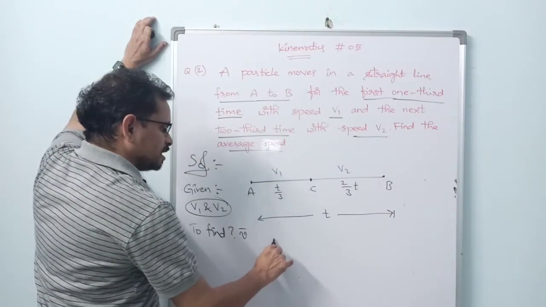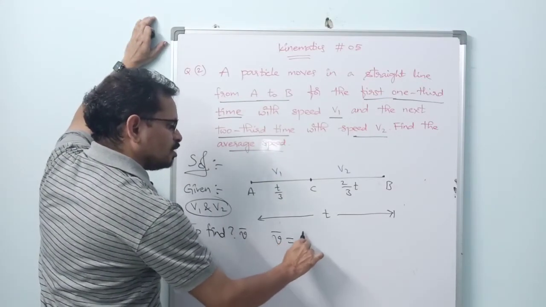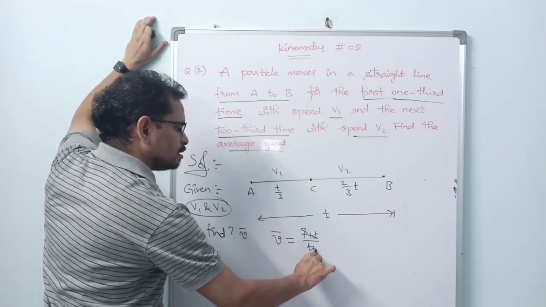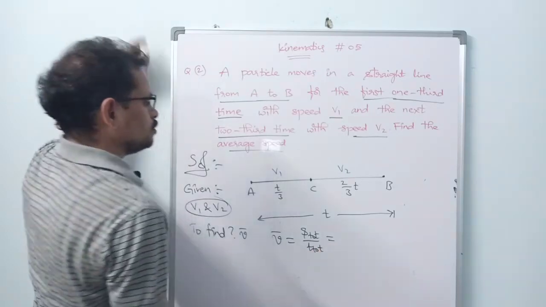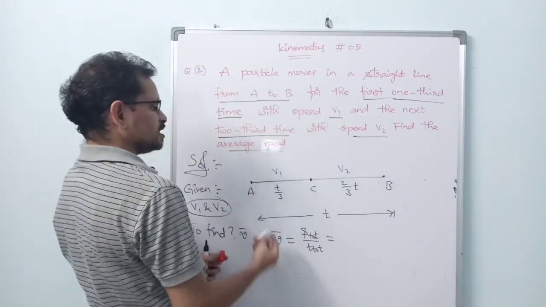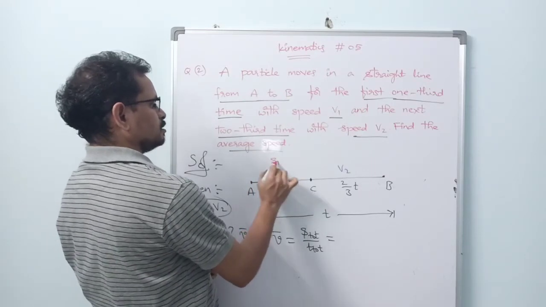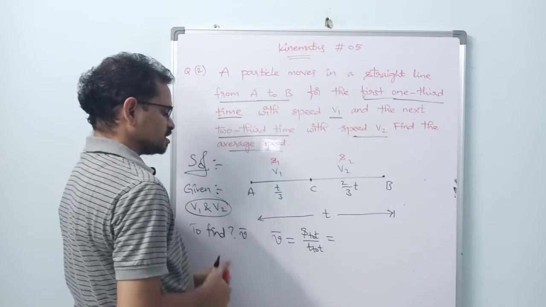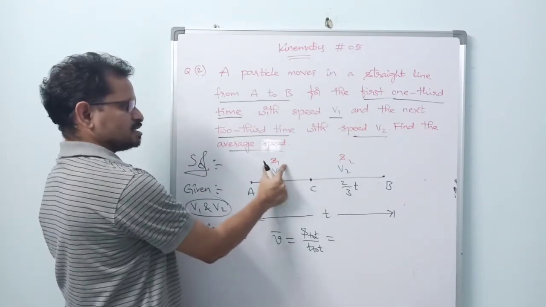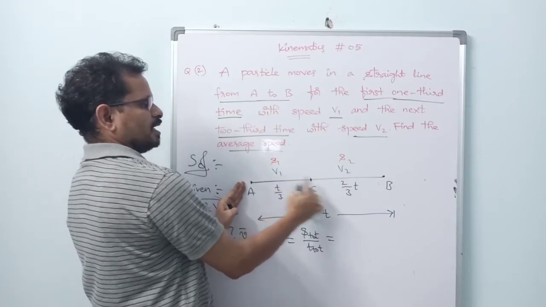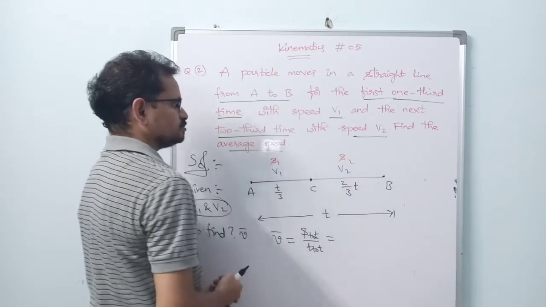Now what do you know? Average speed v bar equals what? Total distance S total by T total. What is S total? Let us suppose this distance is S1 and this distance is S2. From A to C the distance is S1, from C to B the distance is S2. From A to C the speed is V1 and from C to B the speed is V2.